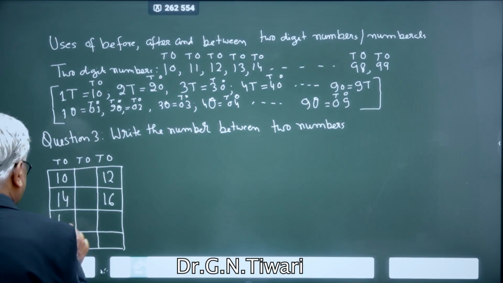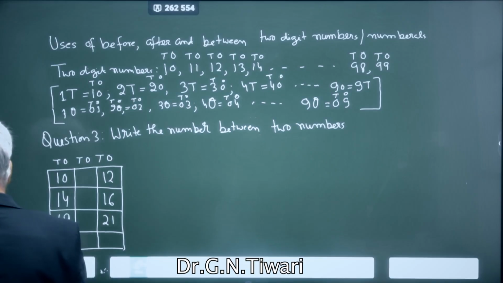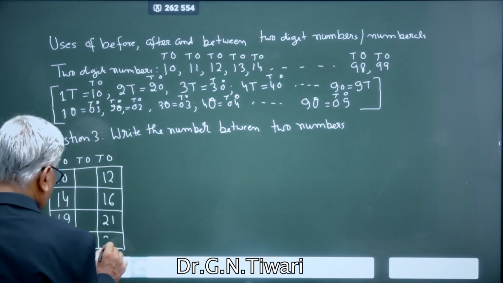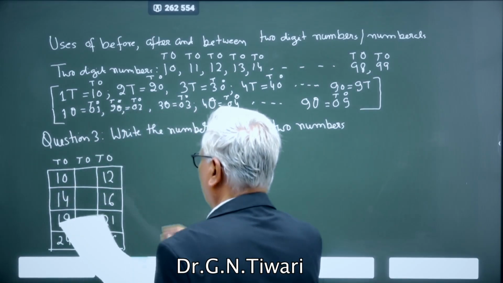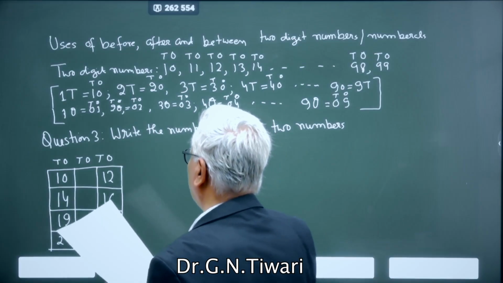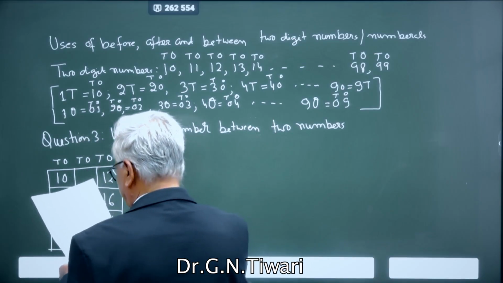Then 19, then 21. Then 24 and 26. You can extend also, there is no problem. For 4 and 5 it doesn't make a difference. Then another example.